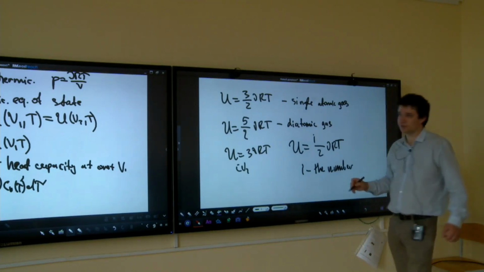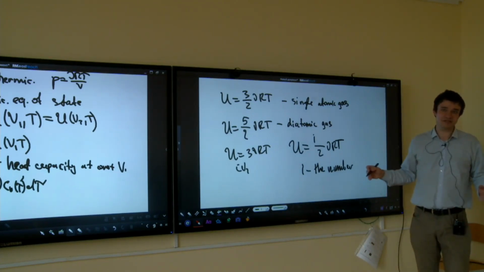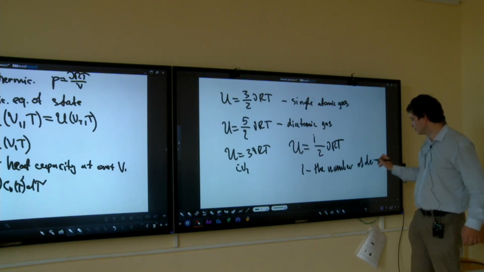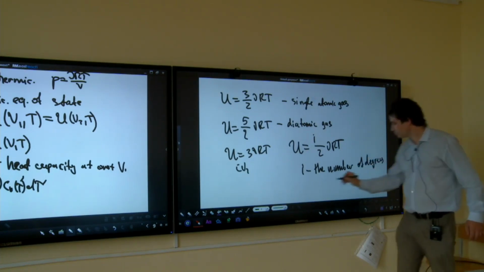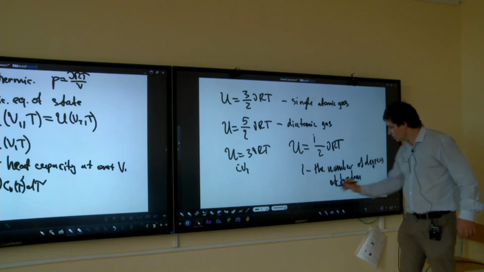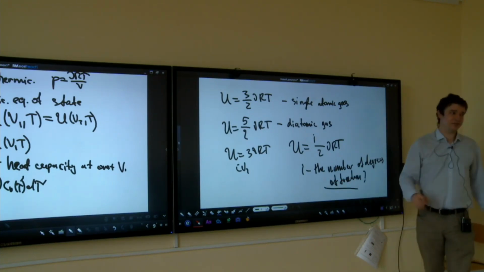Well, I don't think that this elucidates anything, but, well, this is a convention. The number of degrees of freedom. Okay, what is this? I will explain further.